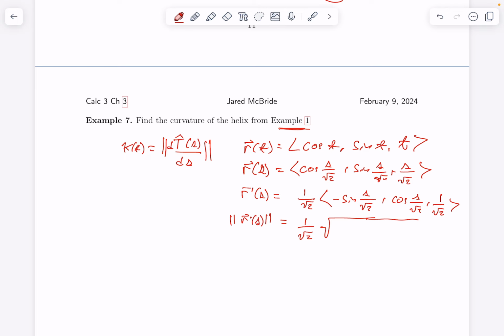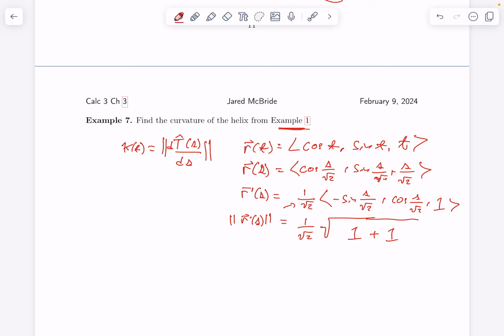And I'm left with the sine squared thing plus the cosine squared thing, which is 1, plus, now this should just be 1, right? Because I factored out a square root of 2.